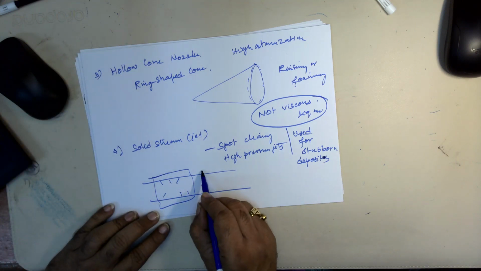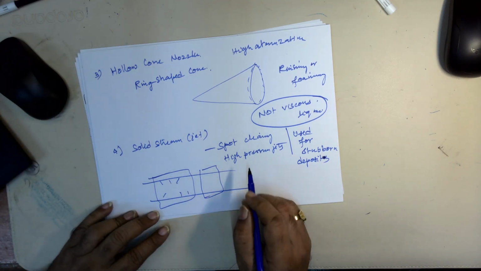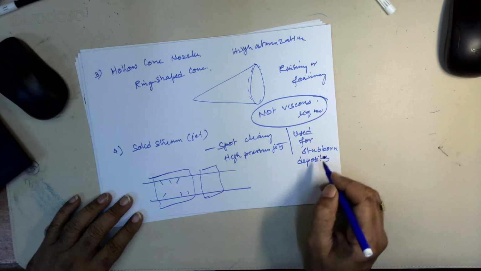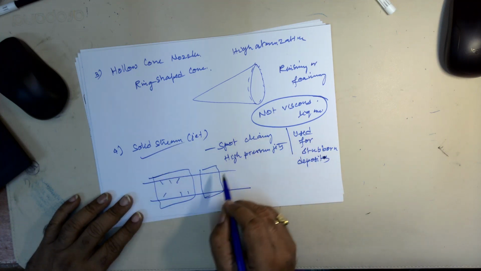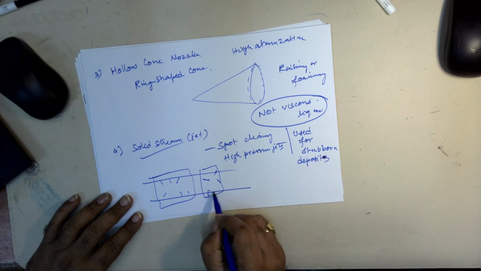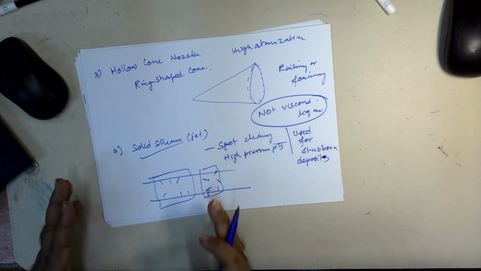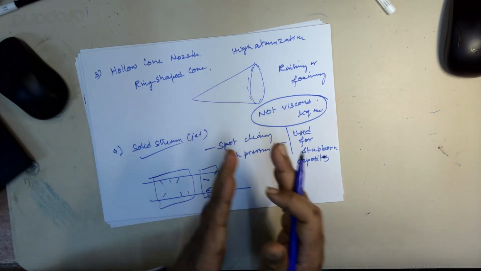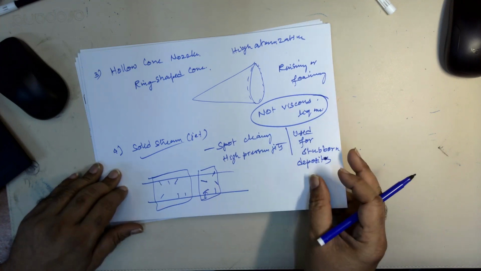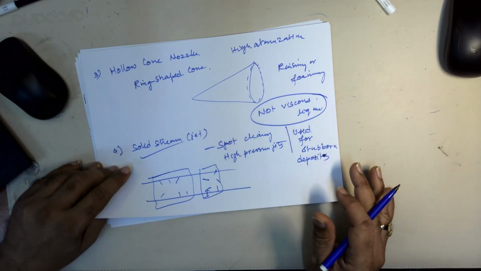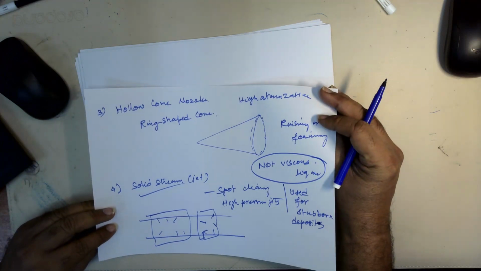Another will be oriented towards the stubborn deposits. In order to clean the stubborn deposit, they will use this type of jet here. So zone-wise, it may be different also. It will solve a lot of engineering issues too.